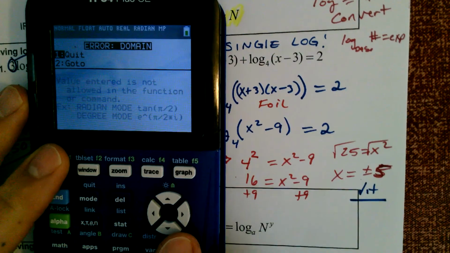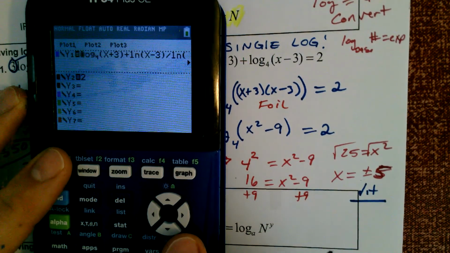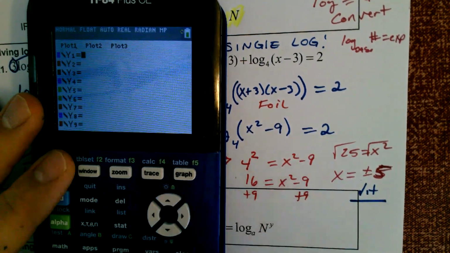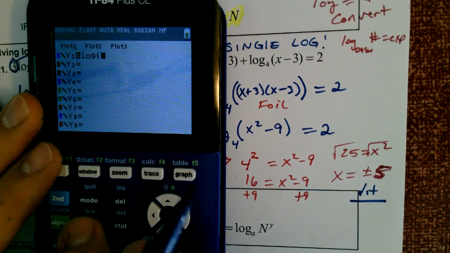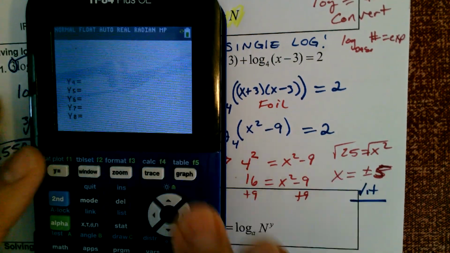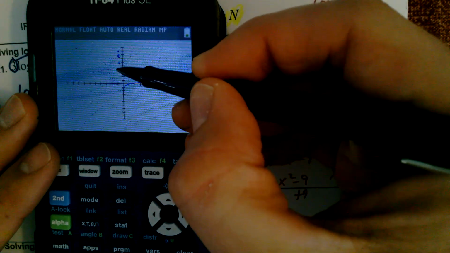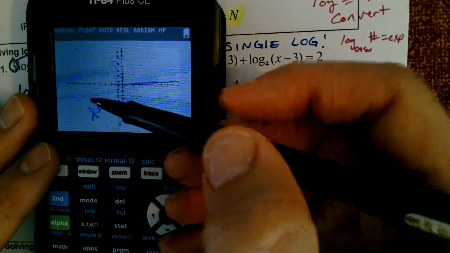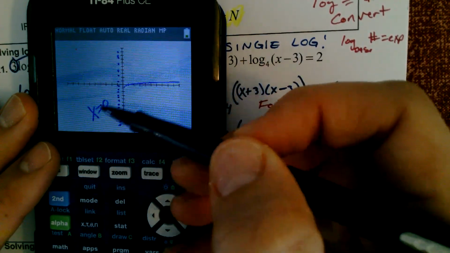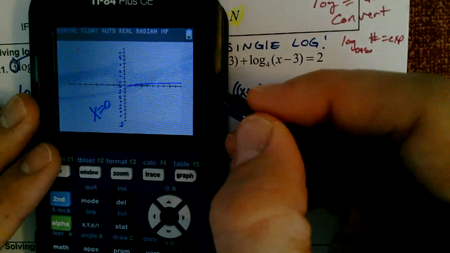The reason is, if I was just going to graph log of x, a basic graph of a logarithmic function, at 0 there's an asymptote, and then there's nothing to the left, nothing that's negative. It's only positive values.